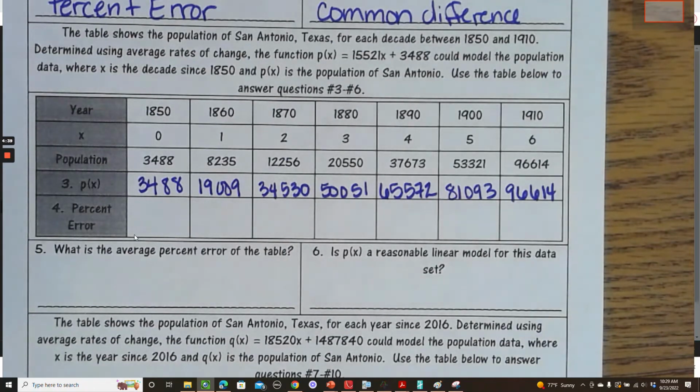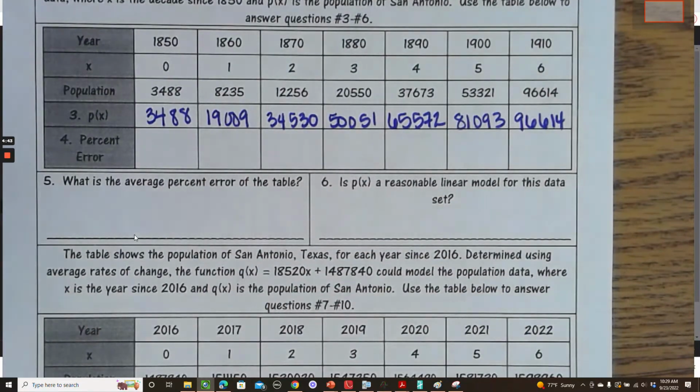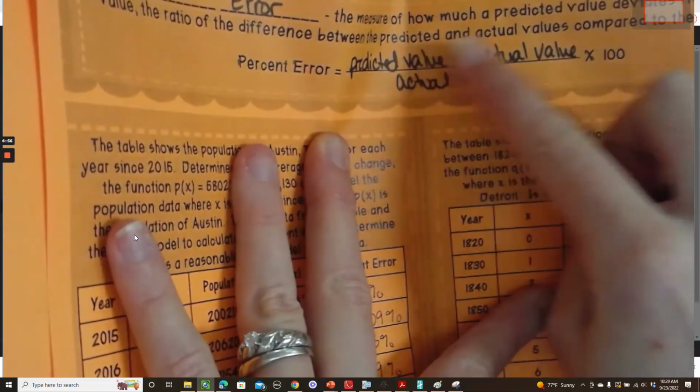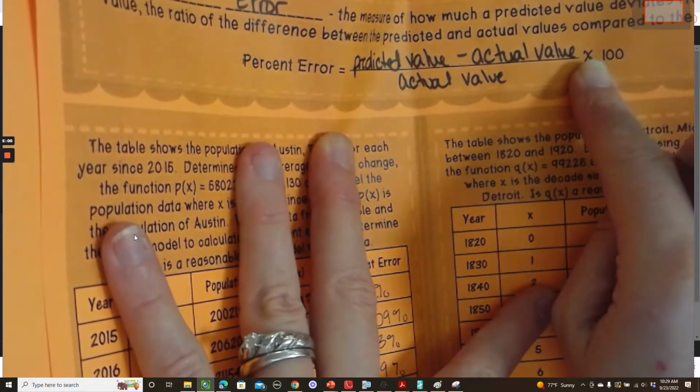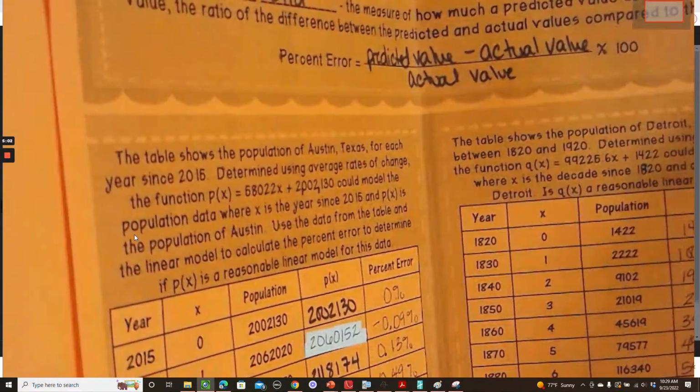All right, percent error. So your notes from this would have been like 2 nights ago. All right, percent error, it's hard to see, is right here. Predicted value minus actual value over actual value times 100. Okay?